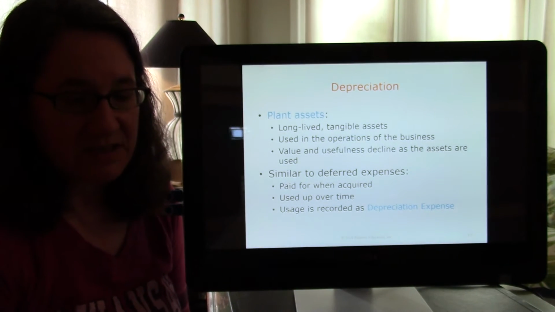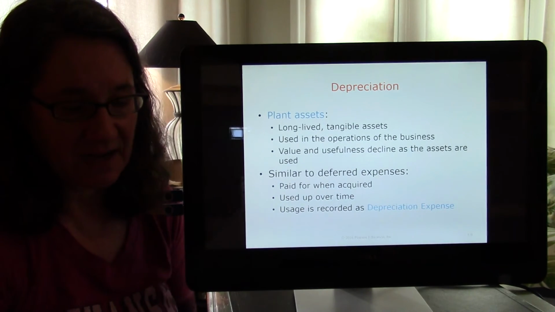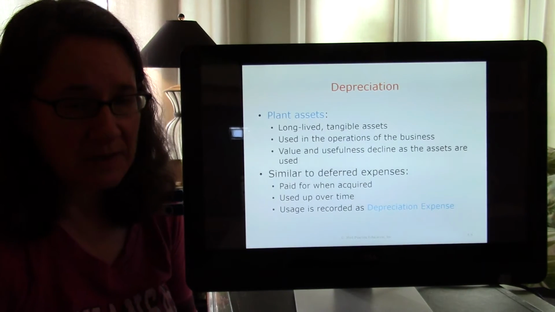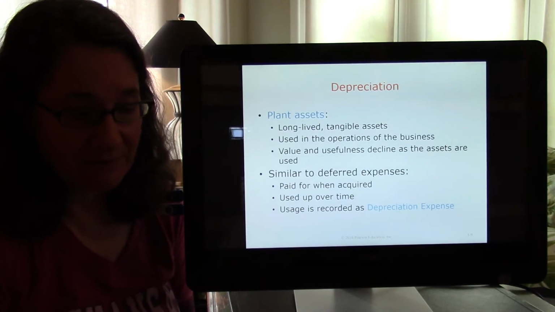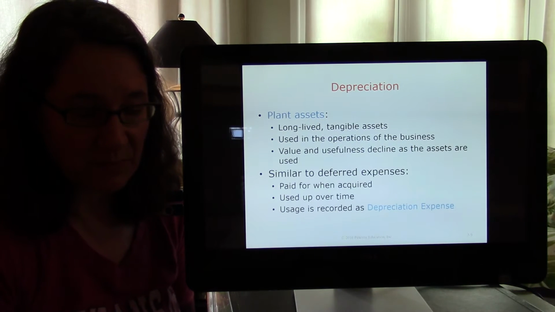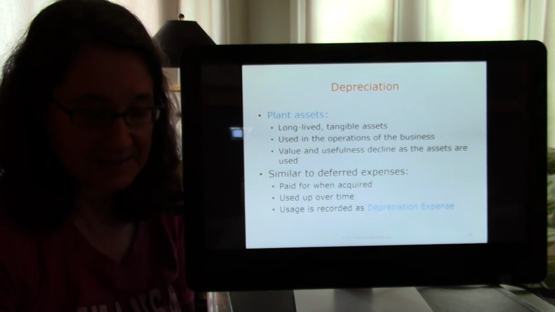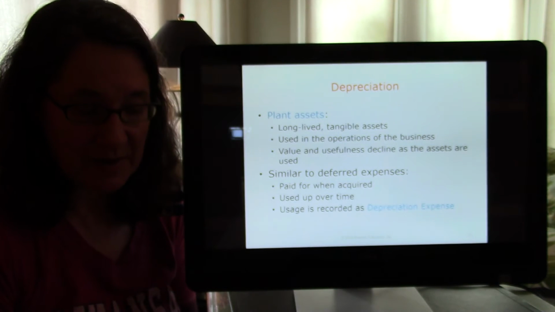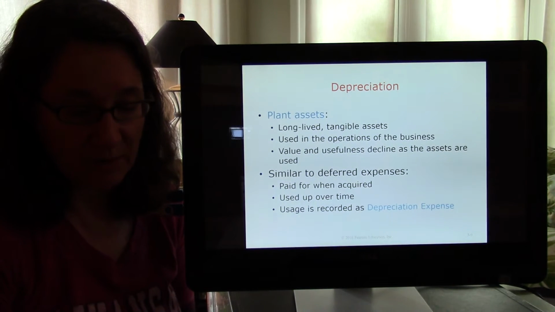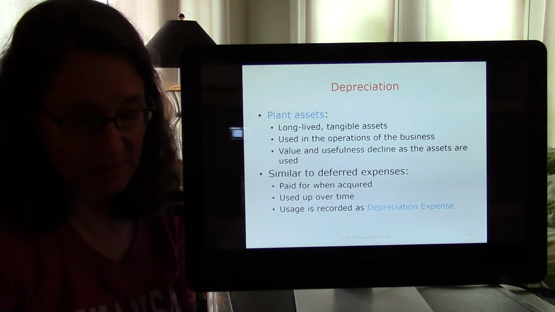Most prepaid adjusting journal entries are related to the adjustment of a current asset account, right? So current asset would be like supplies, rent. However, long-lived tangible assets are also used in the operations of the business. They act much like other prepaid assets, except adjustments will be made to the plant assets over a number of years instead of 1 or 2 years through depreciation expense.